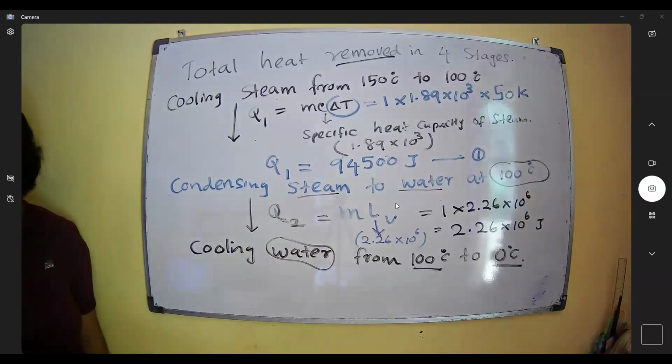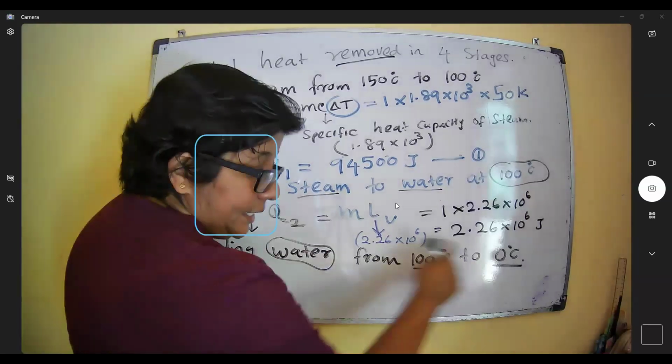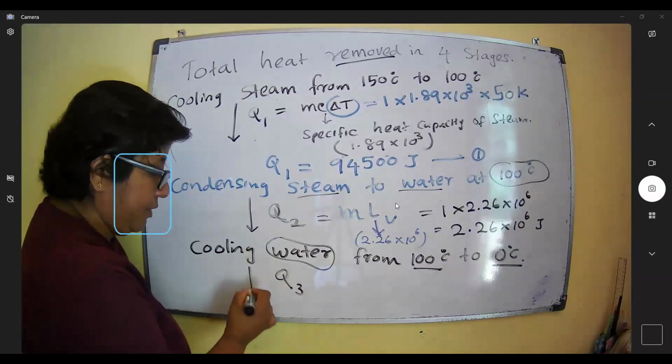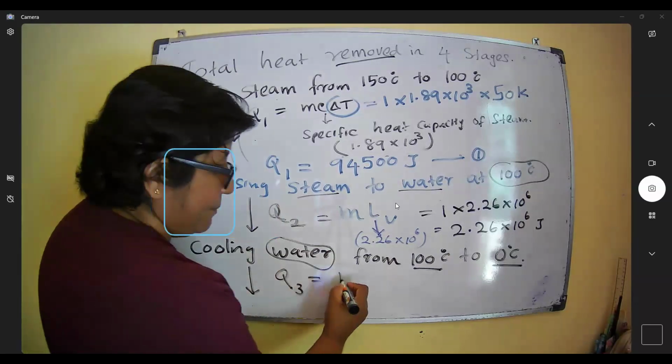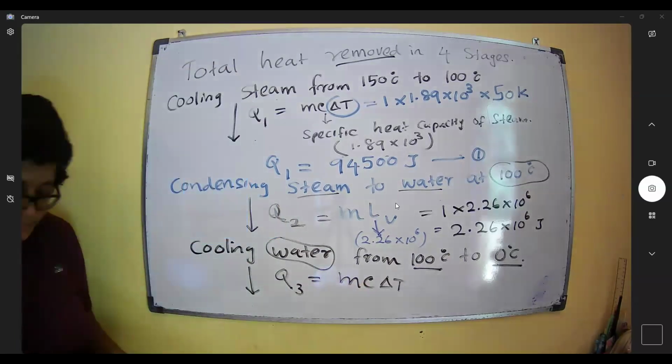Water is changing its temperature from 100 to 0. So you can remember there is a delta T. Then Q3 can be found using the equation m c delta T.